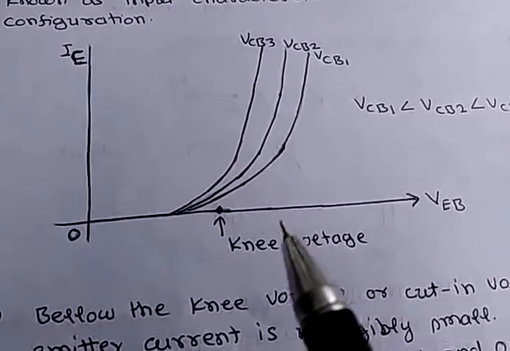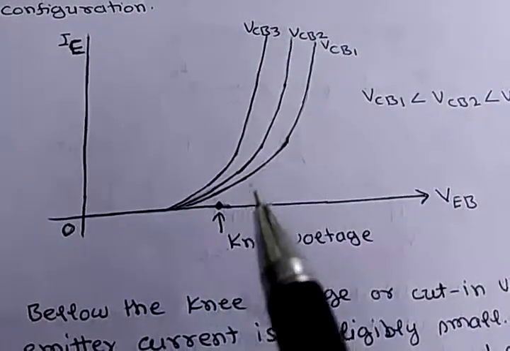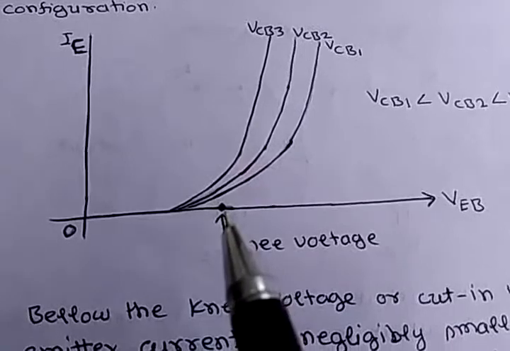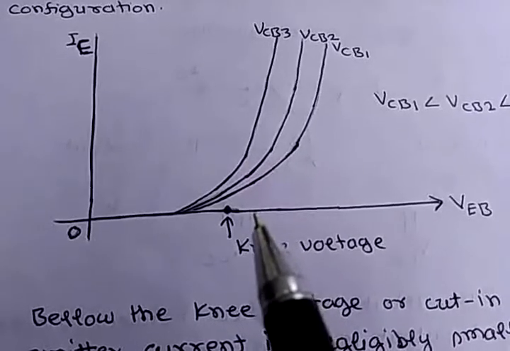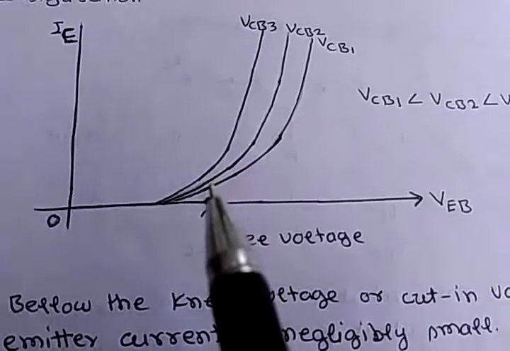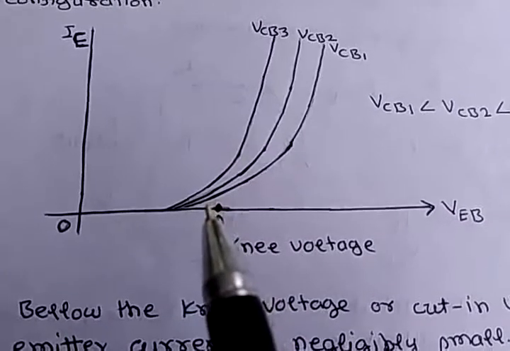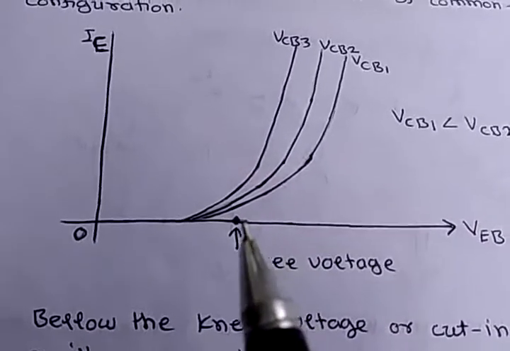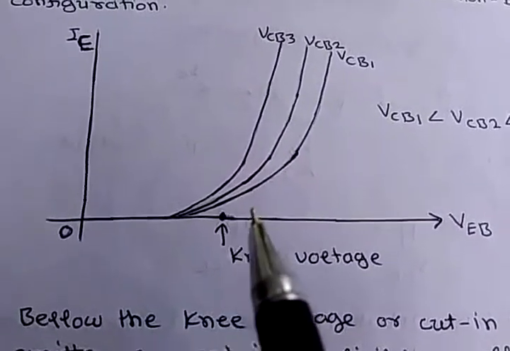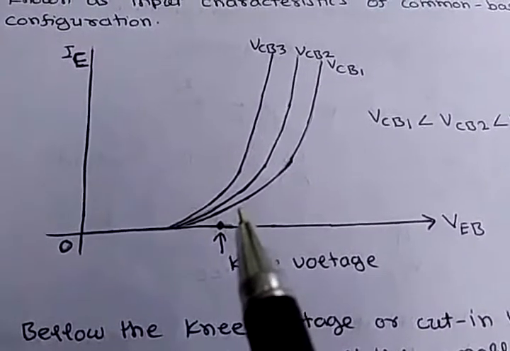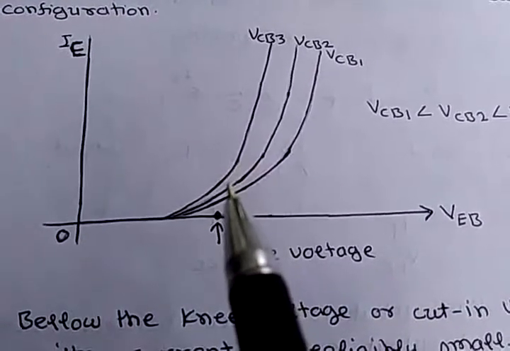From these characteristics, it is clear that above the knee voltage, when we increase the emitter to base voltage, then with a small change in emitter to base voltage, there is a large change in the emitter current.